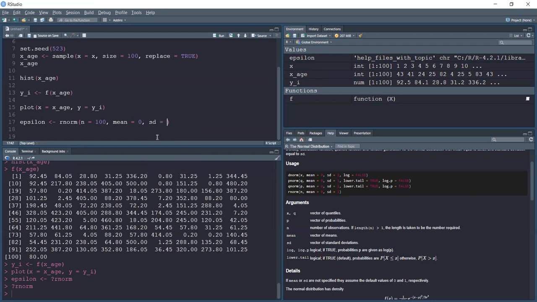Now you need to specify the standard deviation. So most of yesterday's meeting centered on this concept of the variance of a random variable. Every random variable has a positive variance. So what if the variance was 0?